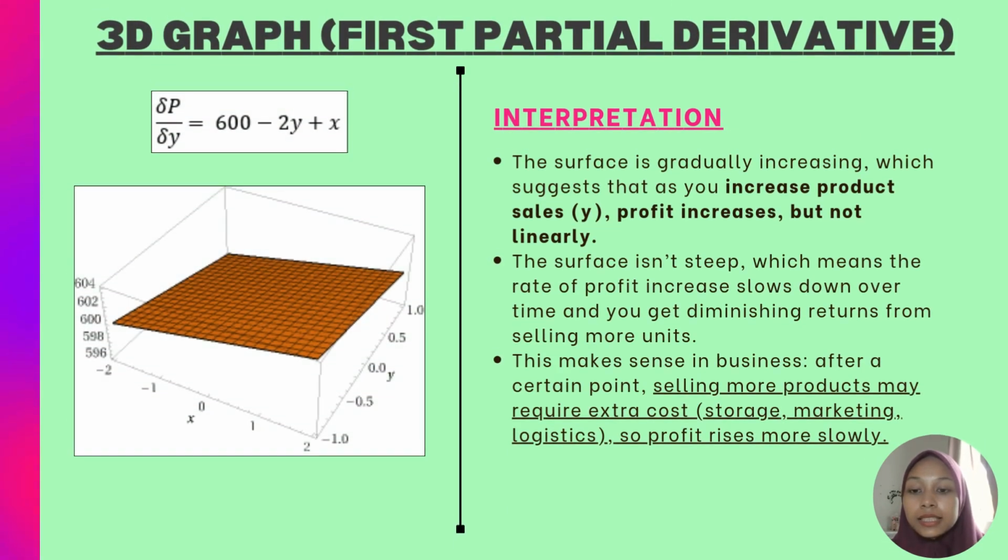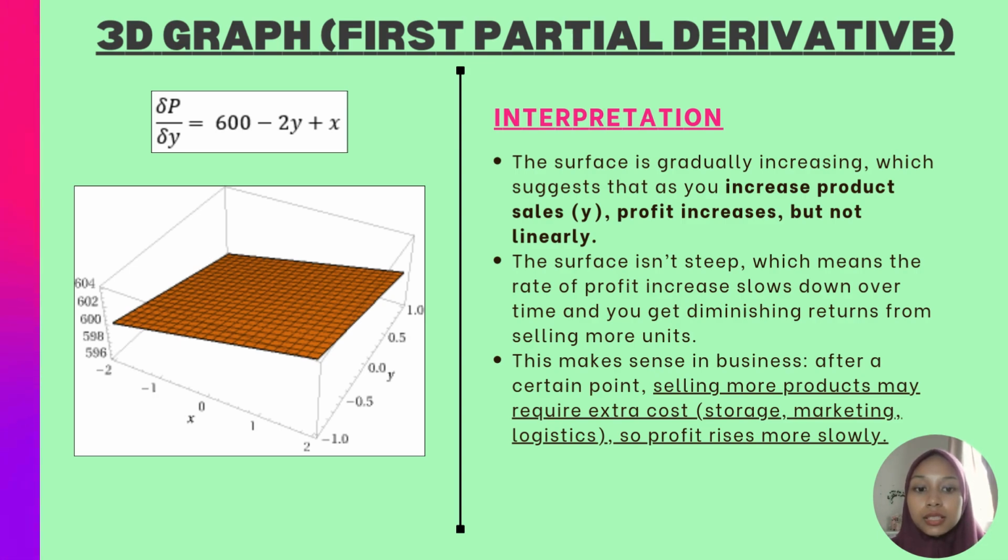Now, this is the 3D graph for the first partial derivative with respect to y. From the equation 600 minus 2y plus x, I generated it using Wolfram Alpha, so I get this 3D graph. As we can see, the surface is gradually increasing, which suggests that as you increase product sales, the profit will increase, but not linearly.